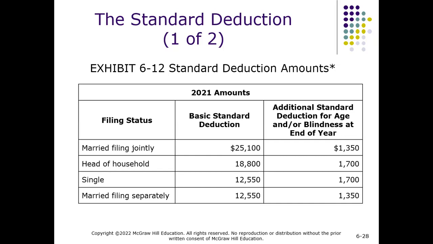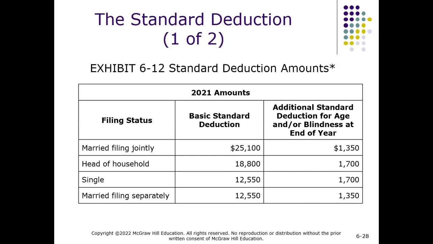So if you're married filing joint, both are blind and both are over 65, your standard deduction for 2021 would be $25,100 plus $1,350 plus $1,350, both are over 65, plus $1,350 plus $1,350, both are legally blind. So $30,500.